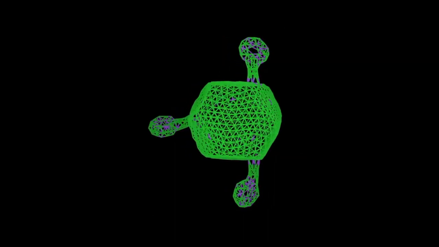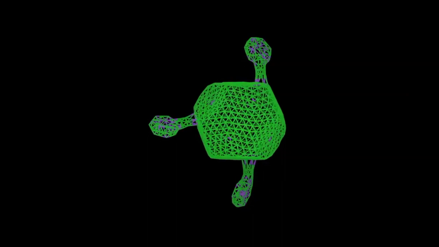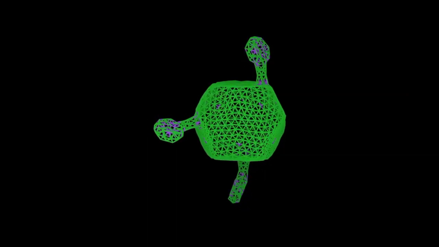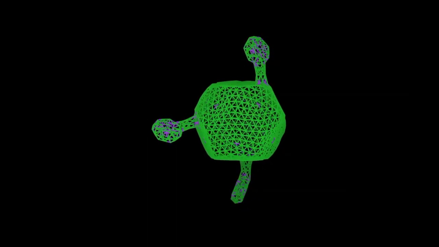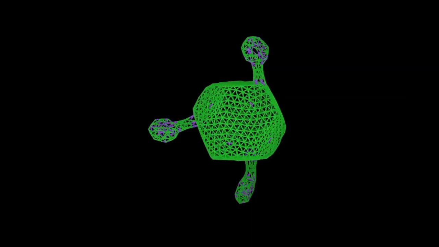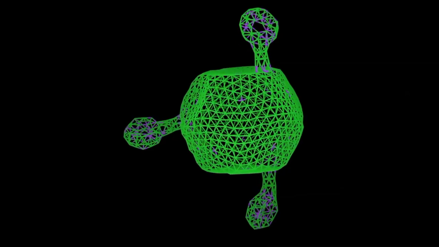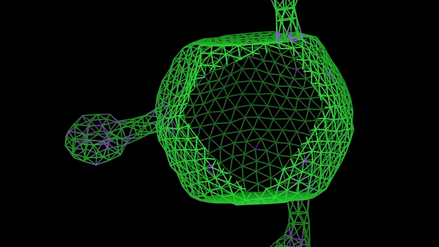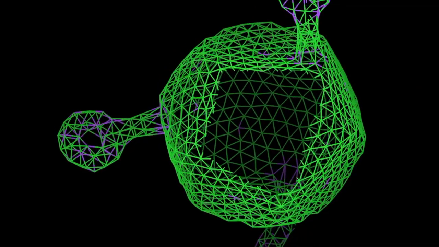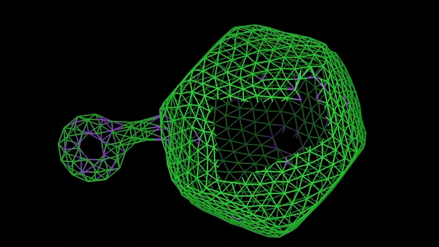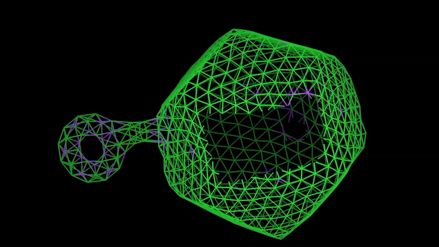So this is a construct that includes a larger scale icosahedron and then 3 single hole toruses. I can bring this up closer, and we can see the structure of the torus rather nicely.